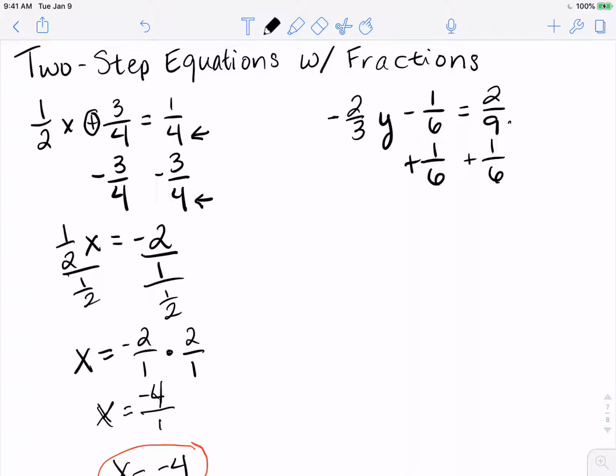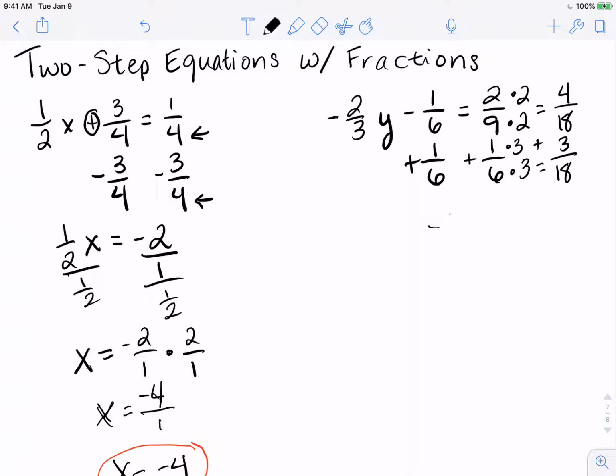So if we multiply 9 times 2 and 2 times 2, we get 4 over 18 plus, and then 1/6, we need that to have a denominator of 18 as well. And we know that 6 goes into 18 3 times. So we multiply both 1 and 6 by 3, and we get 3/18. If we add them together, we get 7 divided by 18.